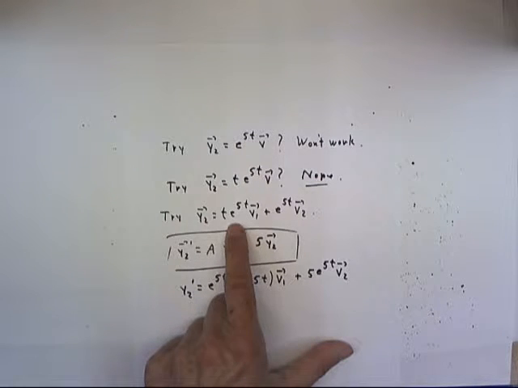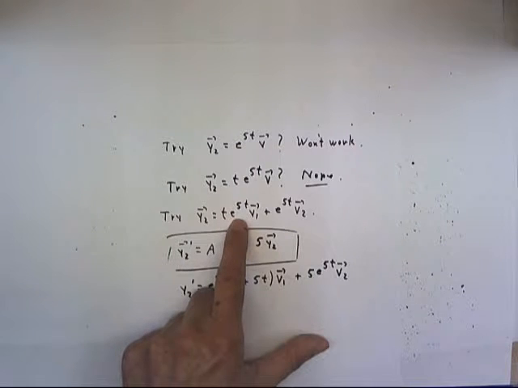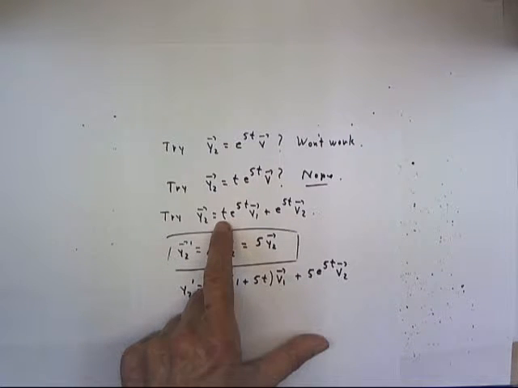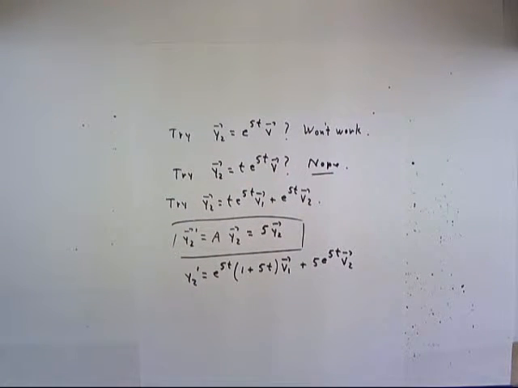And the derivative of t e to the 5t, just by the product rule, is e to the 5t from the derivative of t, and then from the derivative of e to the 5t we get 5e to the 5t, and that's going to be multiplied by t. That's where we get the 1 and the 5t. If you simply write it out, you should easily be able to verify that step.